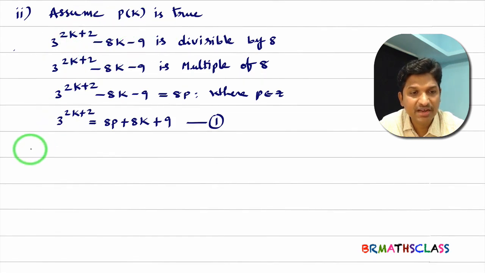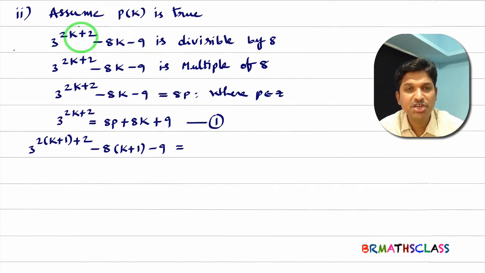Let's see what we will get. You see here, in this expression, in place of k, I wrote k+1. Now what am I trying to prove? If I prove that this expression is divisible by 8, I can say that P(k+1) is true. In the process of proving P(k+1) is true, we will use this information. You keep that in your mind.